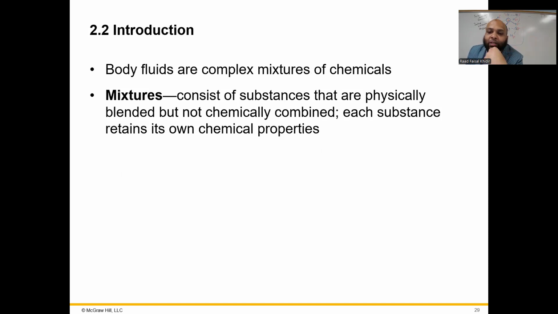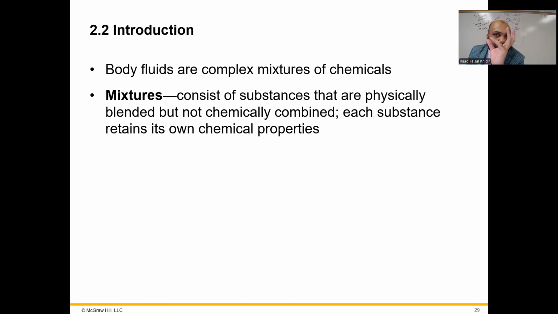Body fluids are complex mixtures of chemicals, and mixtures consist of substances that are physically blended but not chemically combined. Each substance retains its own chemical properties. Like in a salad, you can see the tomato, the lettuce, the cabbage, the green peppers.